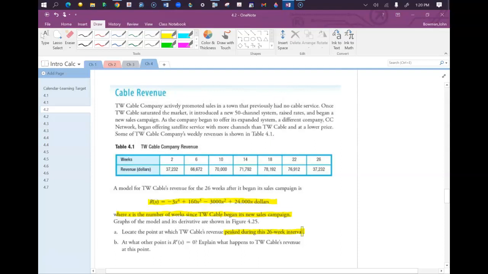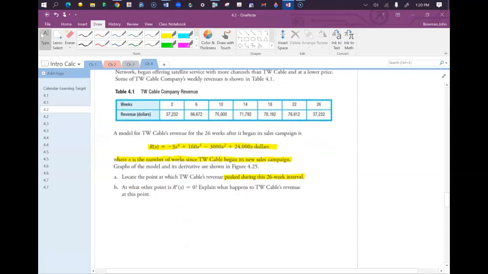Okay, so what we're going to do is find r prime of x, and then graph r prime of x, and look for where r prime of x changes from positive to negative, because that would mean that the slope goes from positive to 0 to negative for the function r, and therefore we would have a local maximum.